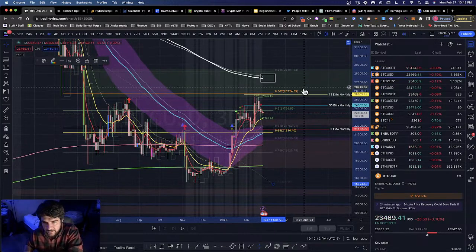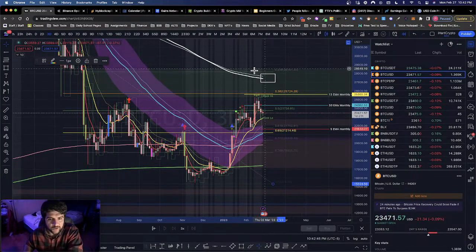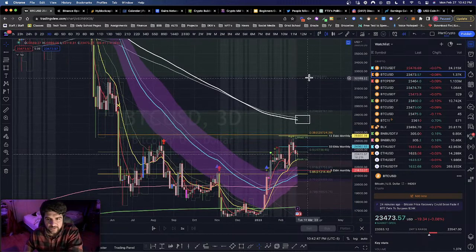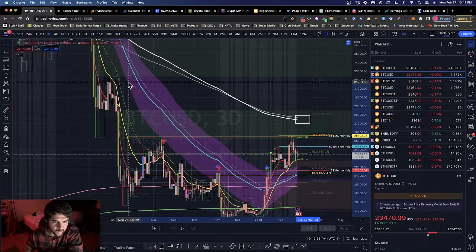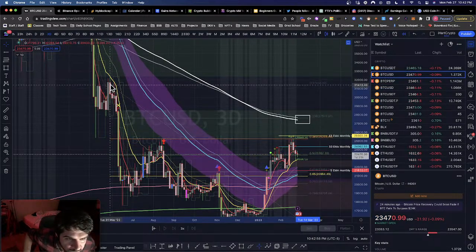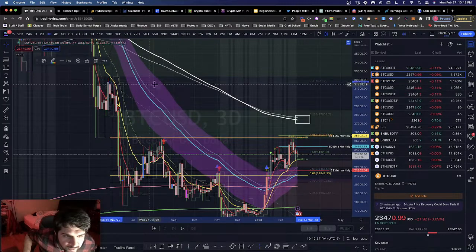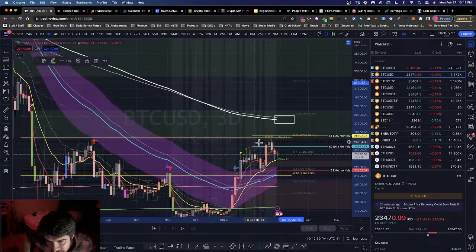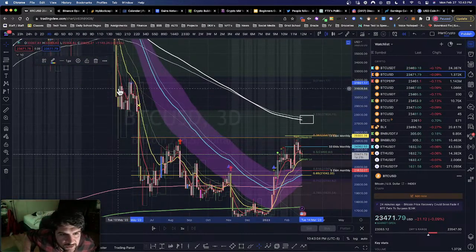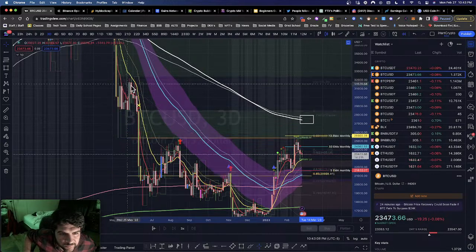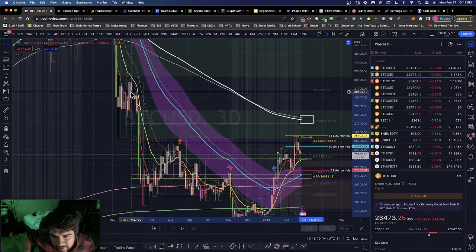You're right around your 382 fib, and that is in essence something the market makers trade to. In fact, if you go from the actual swing high right there, you're just missing it. This could be your swing high here.